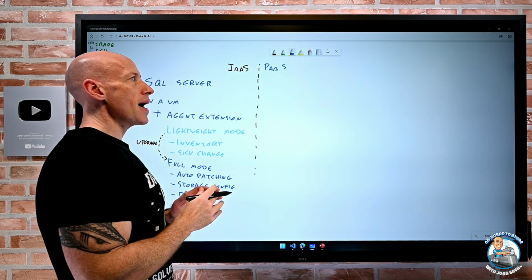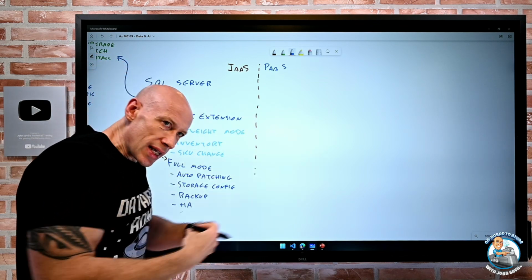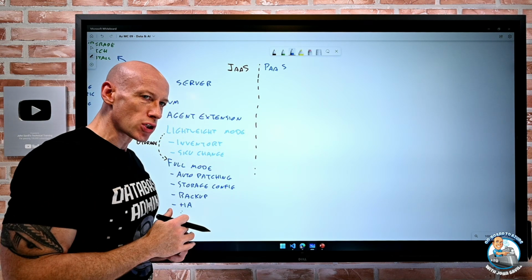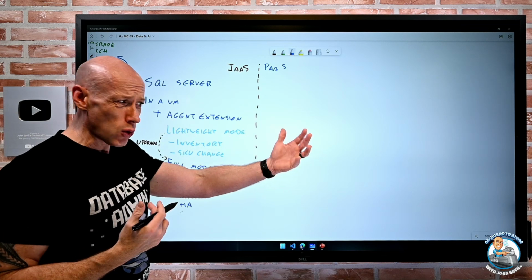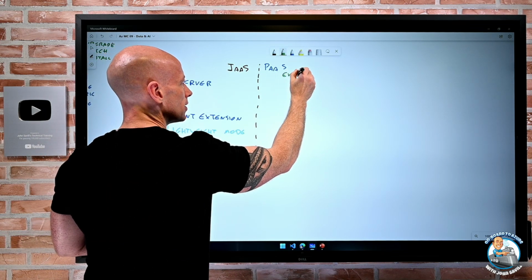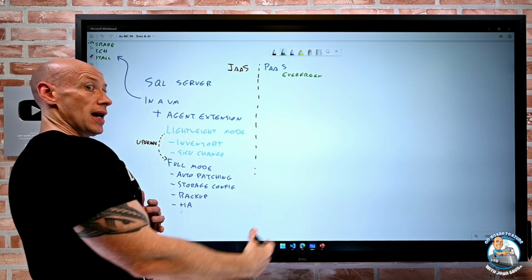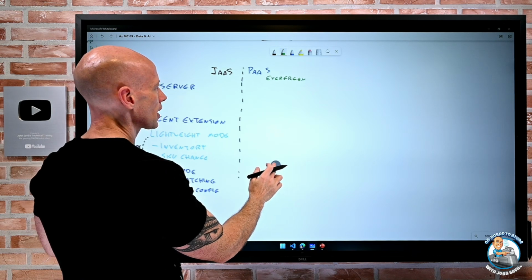We think of PaaS as evergreen. Evergreen means we're going to get the new functionality added for us automatically. I don't have to think about upgrading SQL. It's just going to do that for us. So we like this because it's evergreen. And this is consistent across all of them. We're going to get this cloud cadence of new functionality.